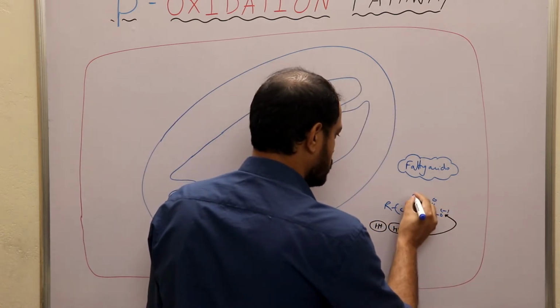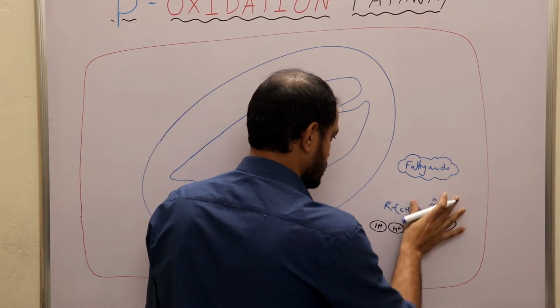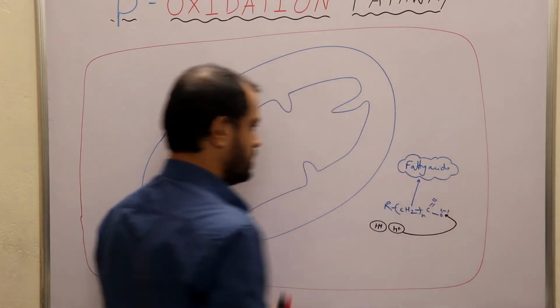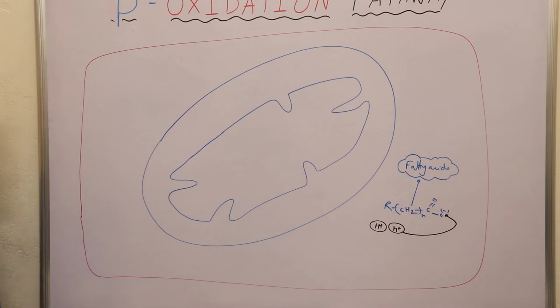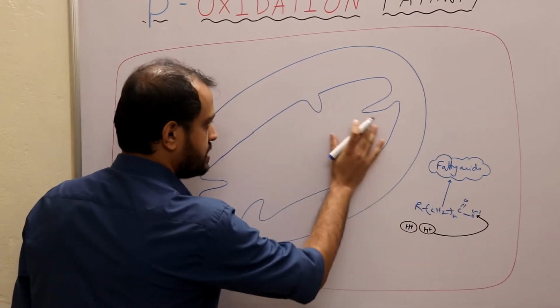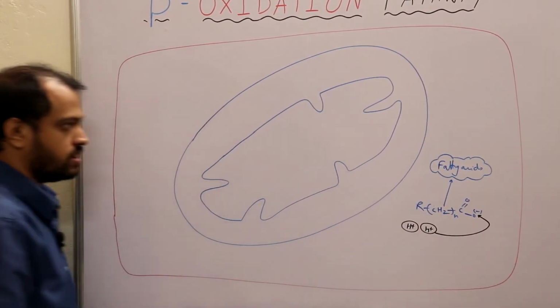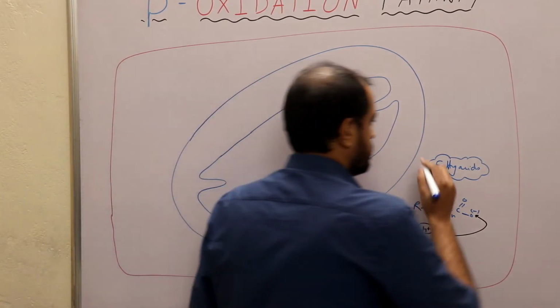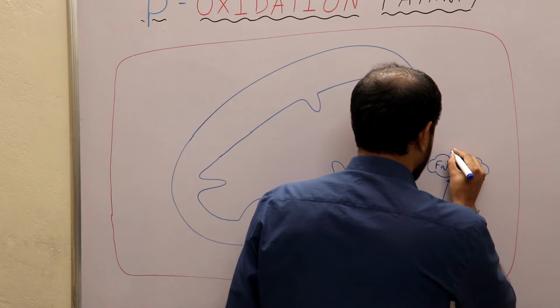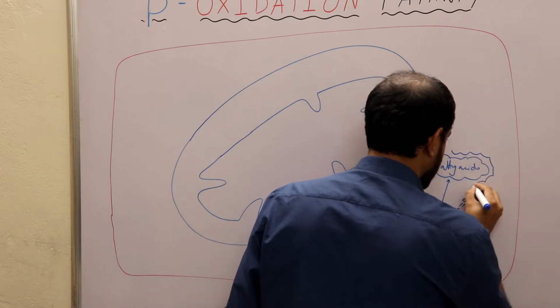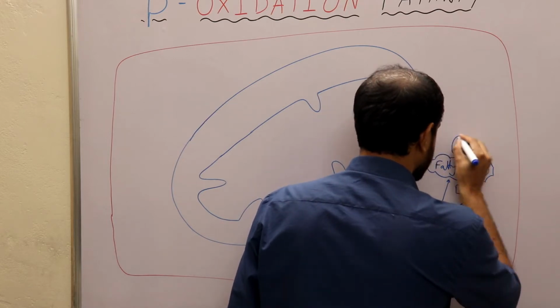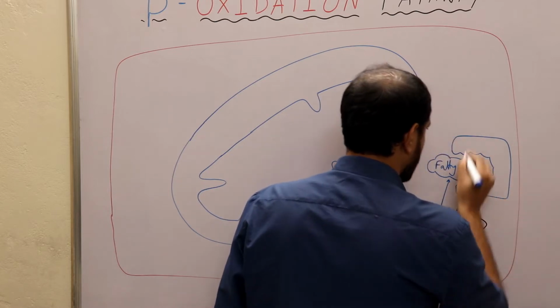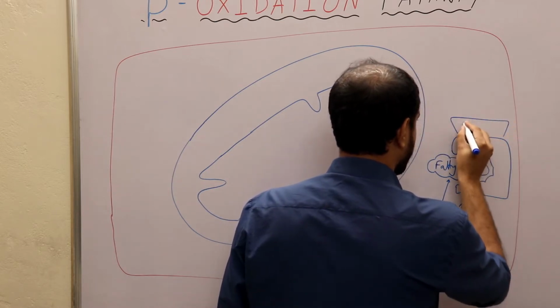It will be converted into a fatty acid. Okay, now the question is this: how will this fatty acid enter the mitochondrial matrix? Now listen with all your attention. There are many sources which say that these fatty acids react with a special protein known by the name of albumin.